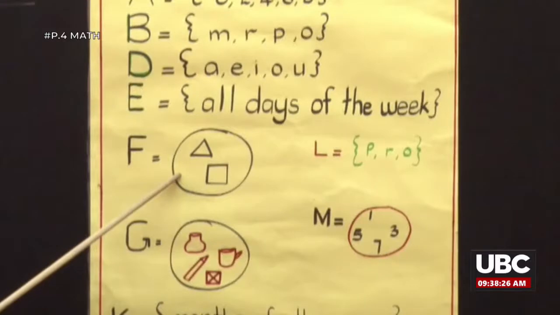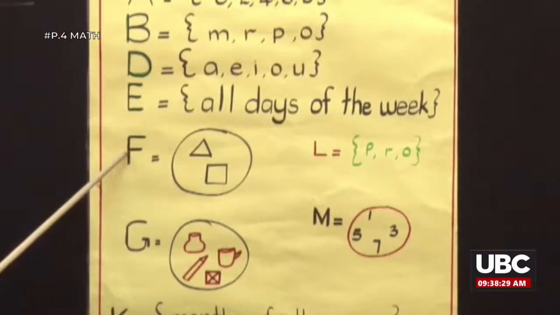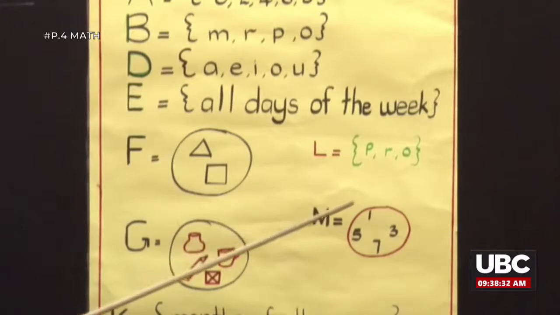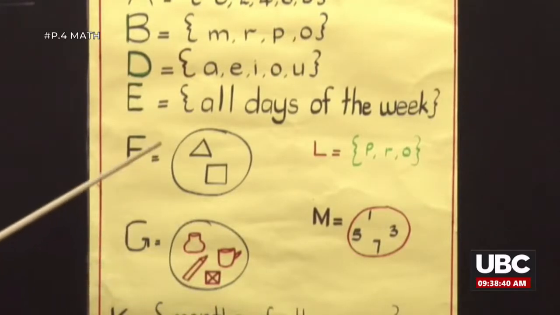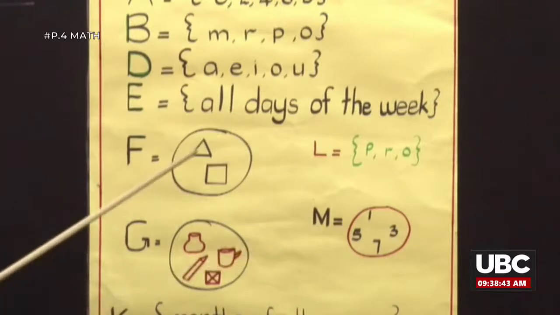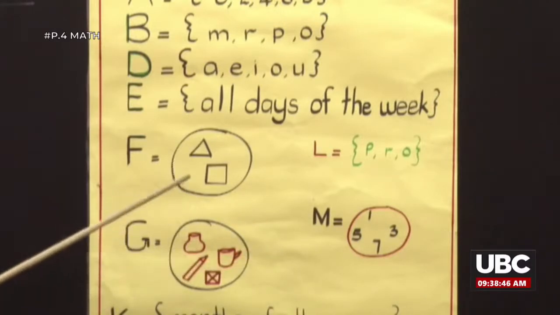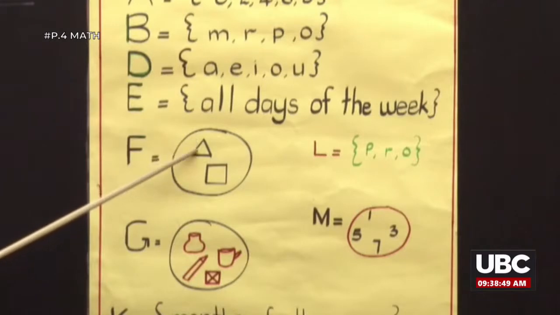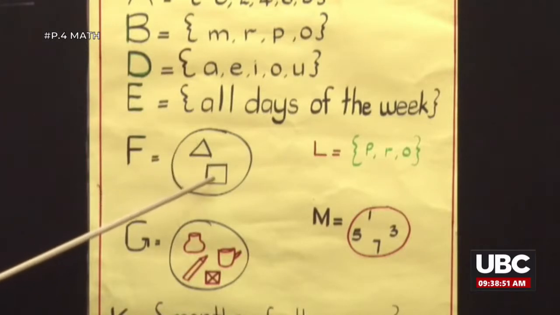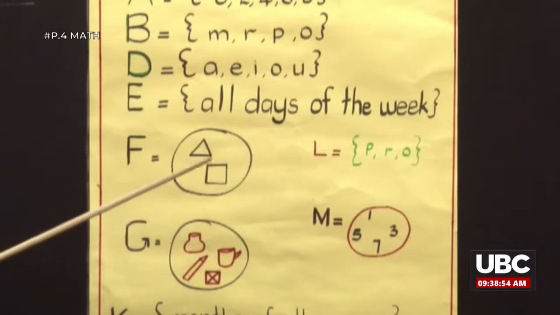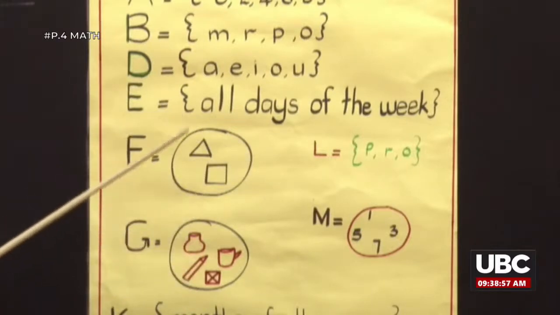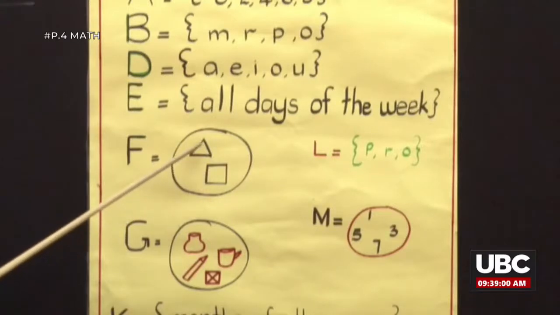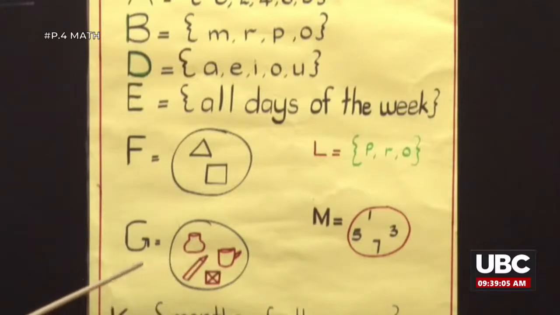When we use diagrams, like for set F, set G, and set M, there is no need to put commas, and the arrangement of members on the diagram does not matter. If we first write this member, then this, the same set can be written beginning with another member. That arrangement does not matter.